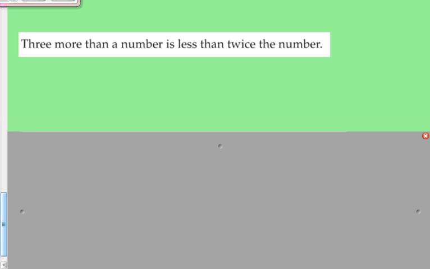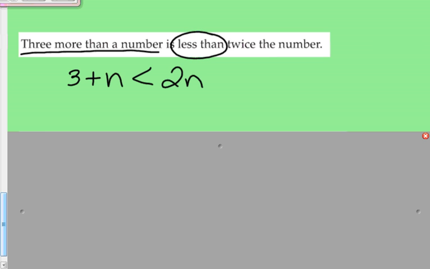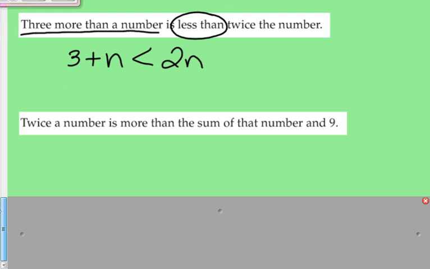3 more than a number is less than twice the number. Well, let's write this first part here. 3 more than a number, 3 plus n, is less than. So here's your key, less than. That's an easy one. Less than twice the number. And you're done there. Well, except for solving. Like I said, you'll solve it on your paper.